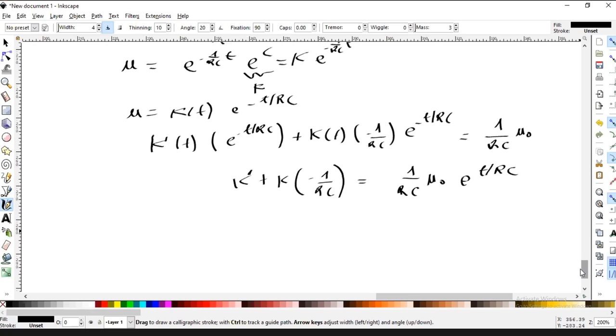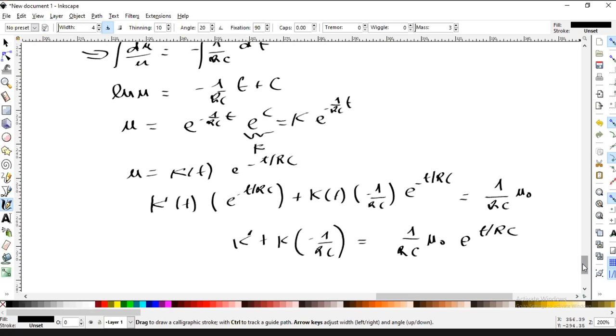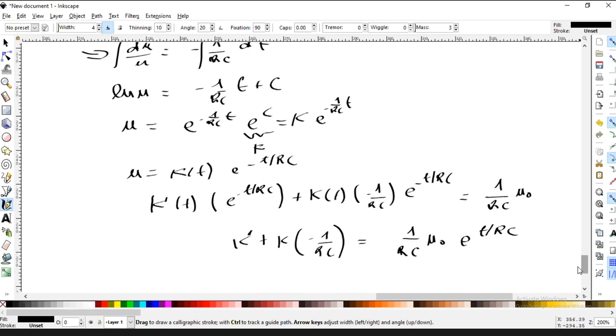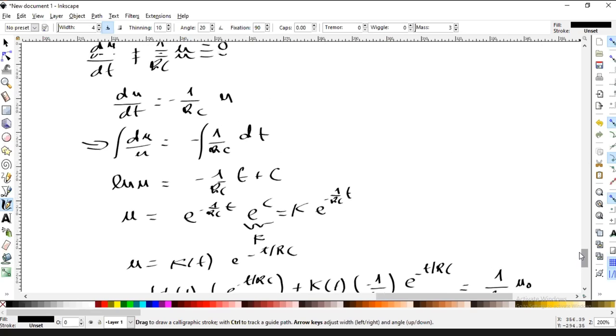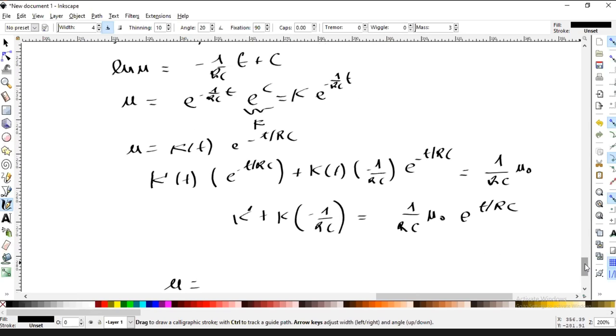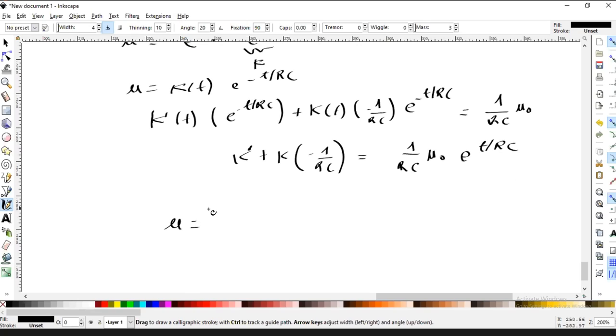All right, so what you could have used instead is a particular solution. You can get the result with this variation of constant, and in other cases it may lead to a simple solution, but here it's more complicated.